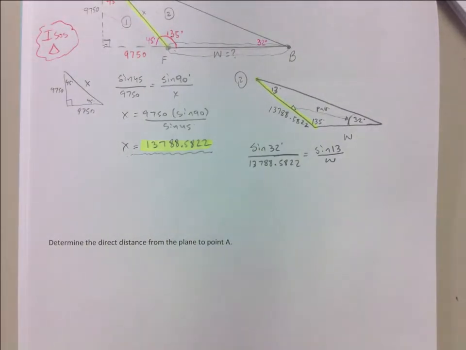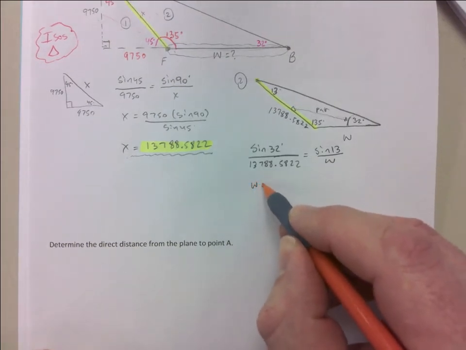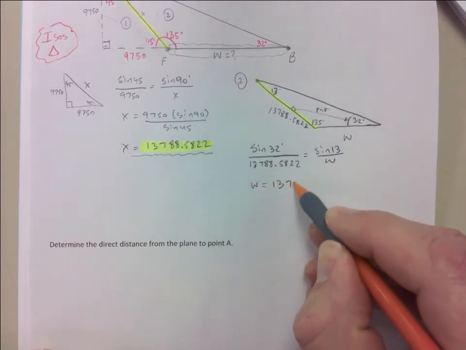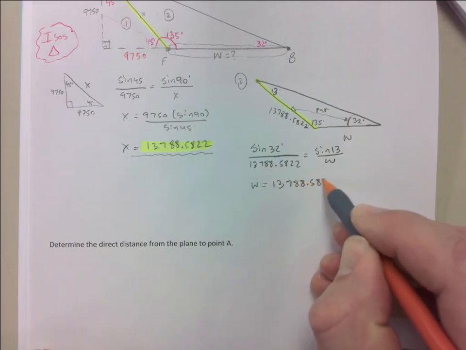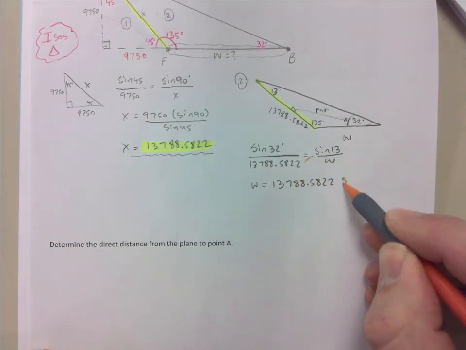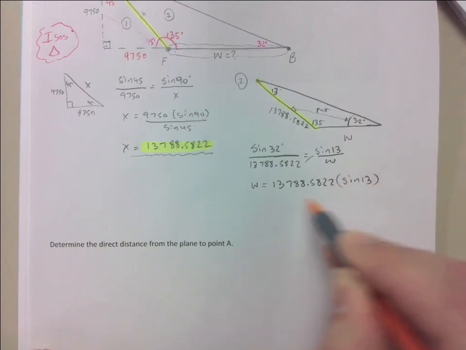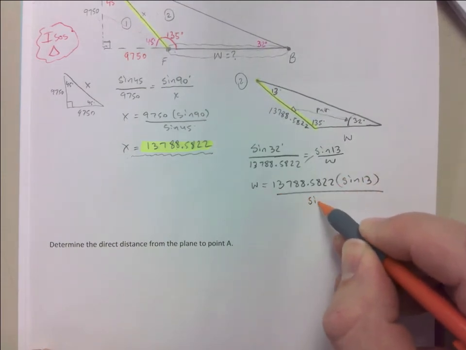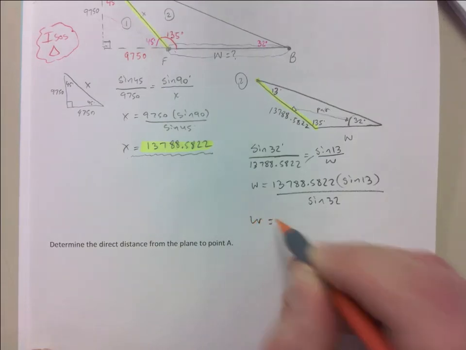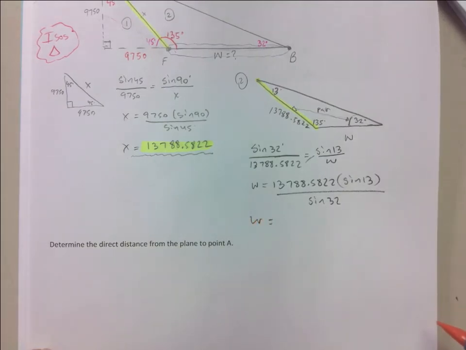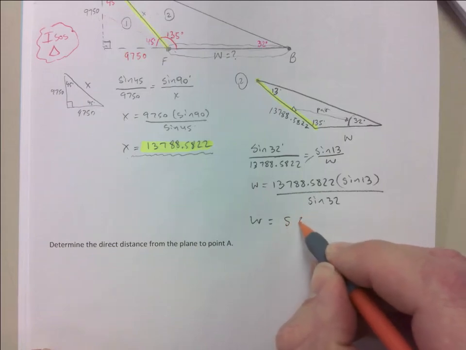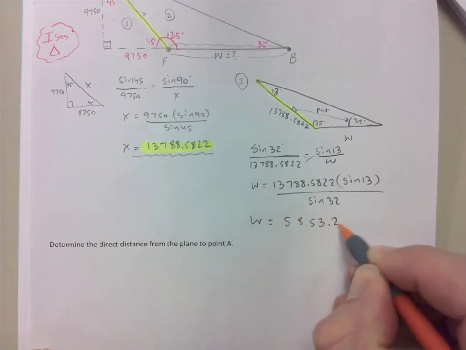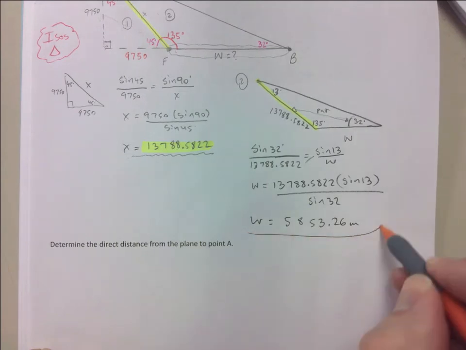We're solving for sides most of the time, so keep that in mind. Don't forget how to do the rest. So we cross multiply here. And you get 5,853 and 26 meters.